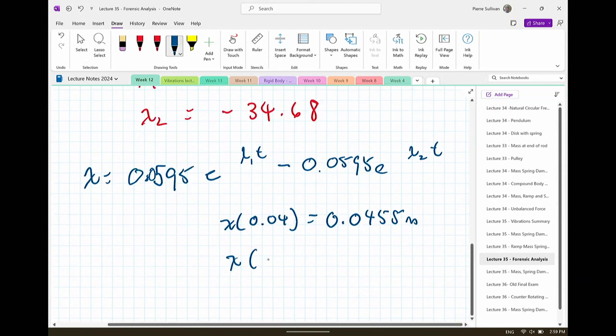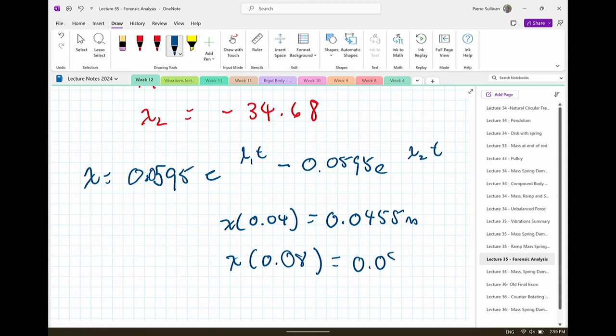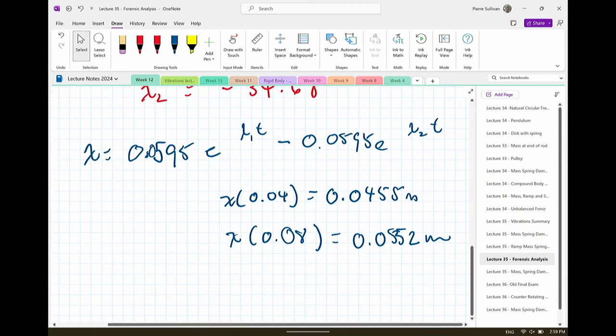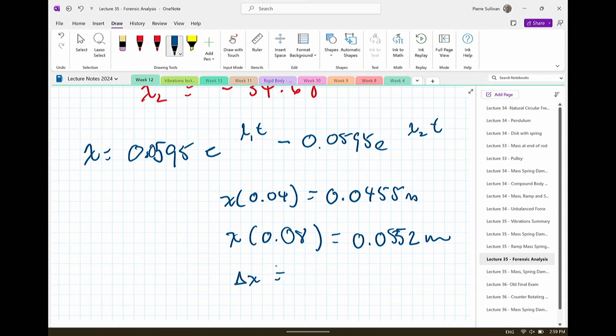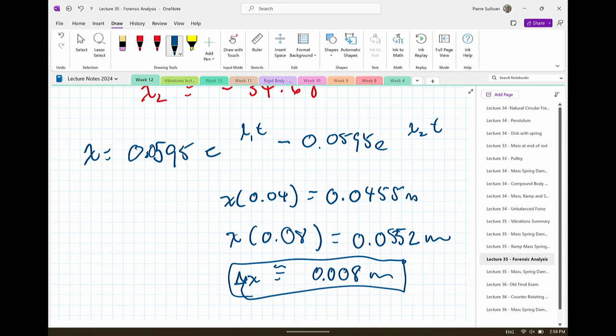X at 0.08 is equal to 0.0552 meters. And delta x is approximately equal to 1/9, 0.008 meters. Yeah, it's about 0.09.